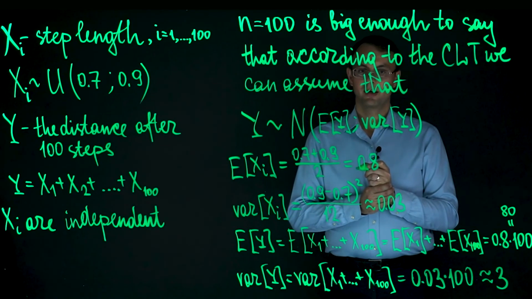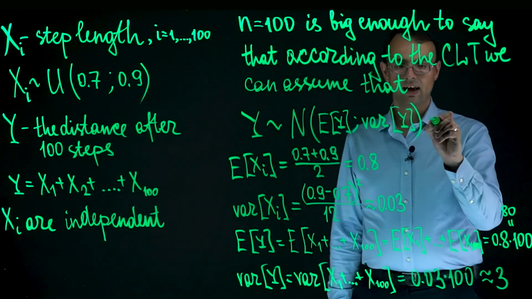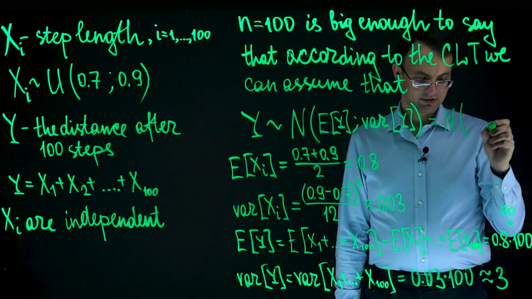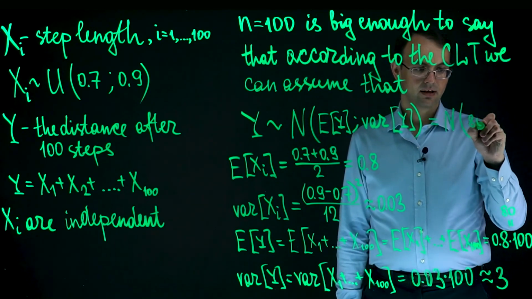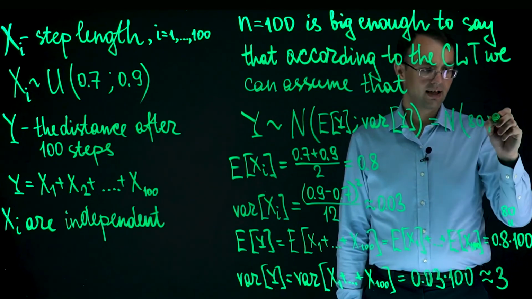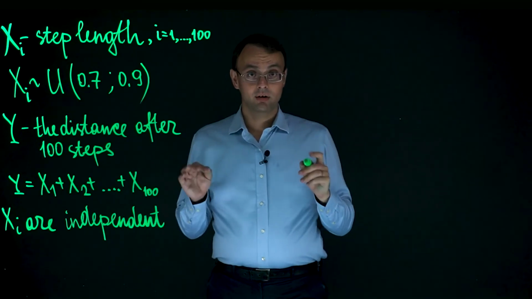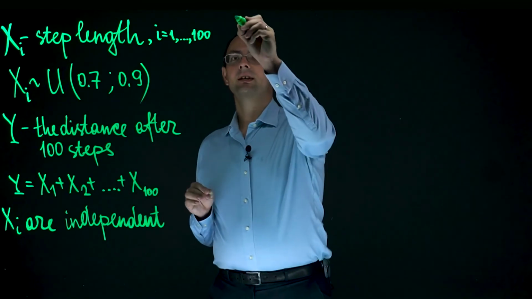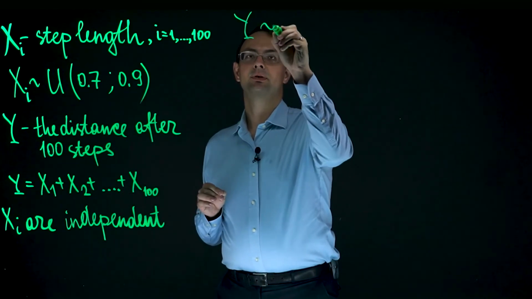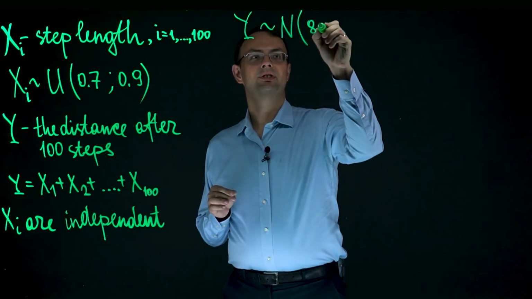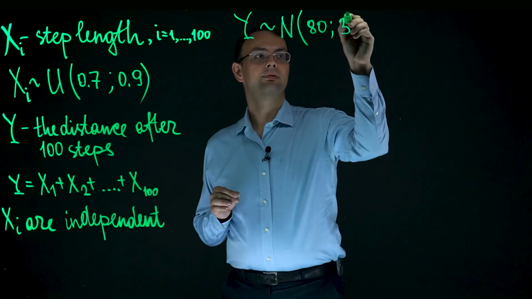So we can assume that y has normal distribution with parameters 80 and 3.